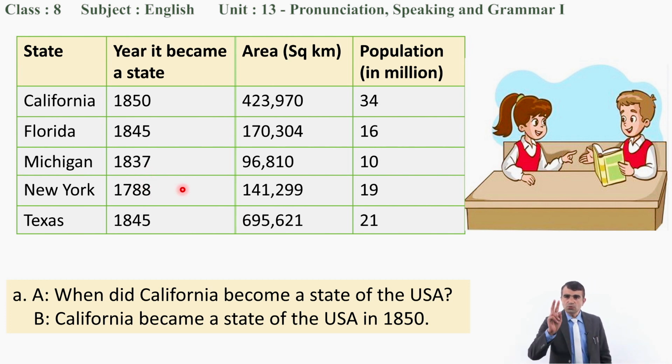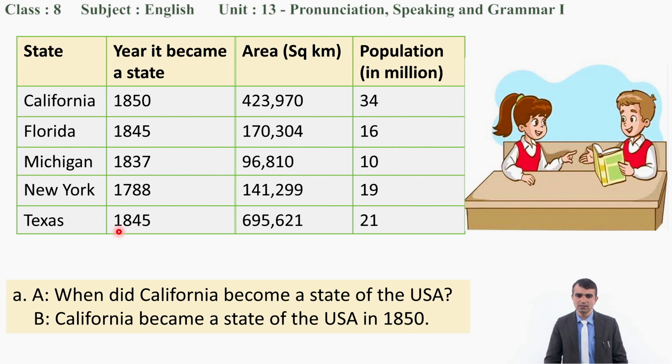And you can also ask, which 2 states were recognized as states of the USA in the same year? That sort of questions. Which two states got recognition as states of the USA in the same year? Florida and Texas.